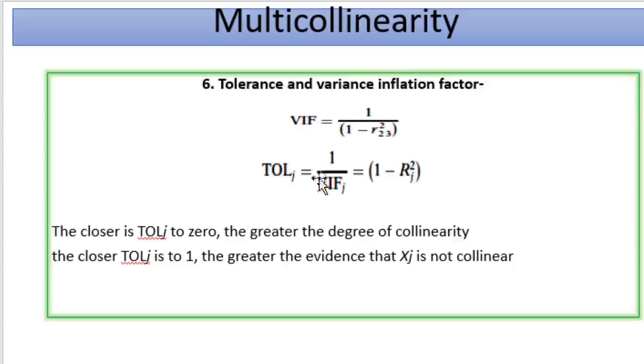The tolerance is the inverse of the variance inflation factor. If tolerance is 0, the variance inflation factor will be very large and there will be a high degree of collinearity. The closer it is to 1, the greater the evidence that Xi is not collinear. If tolerance is 1, it is not collinear. If tolerance is 0, there is collinearity.